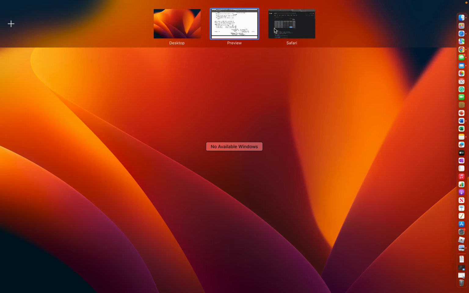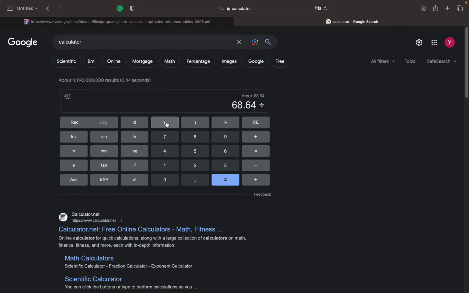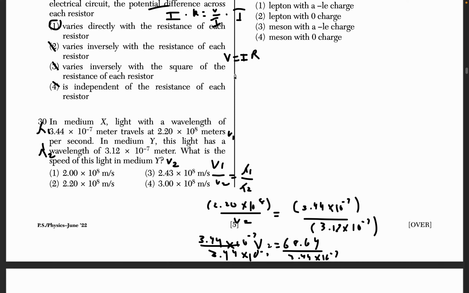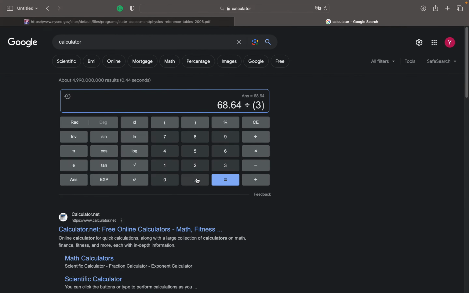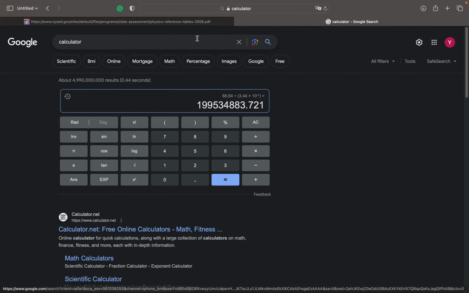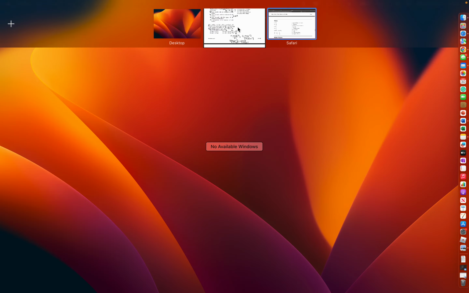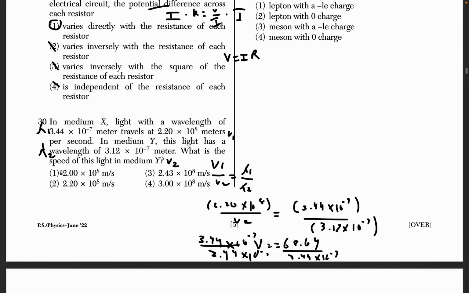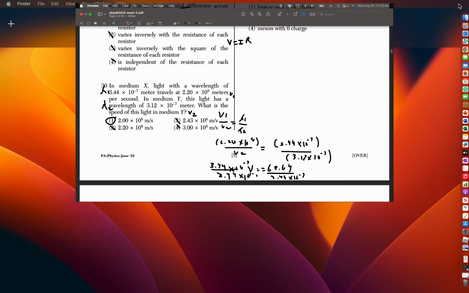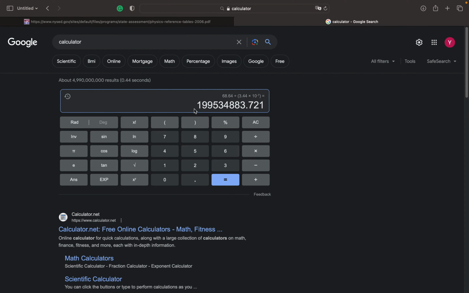Okay, that's basically 2.0 times, yeah, it's A. Move the decimal, you get to the 8th power.